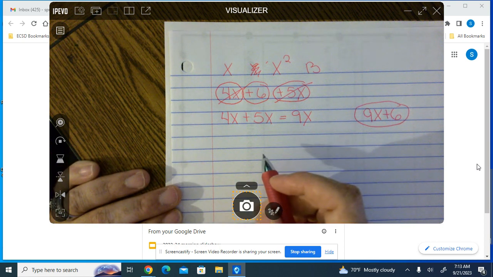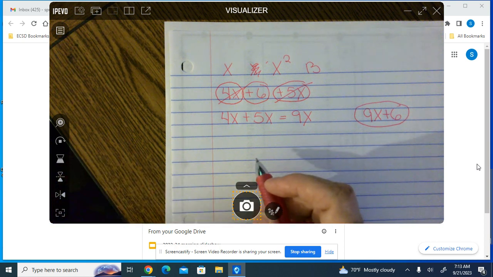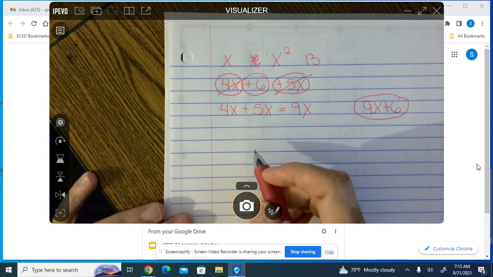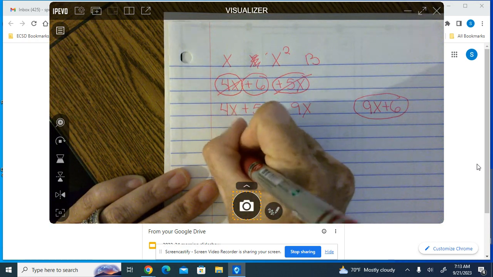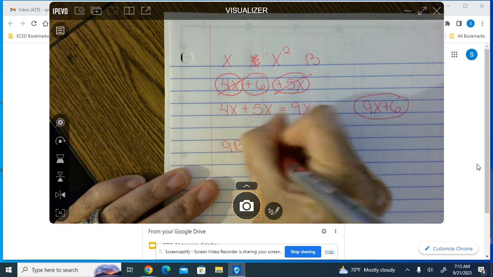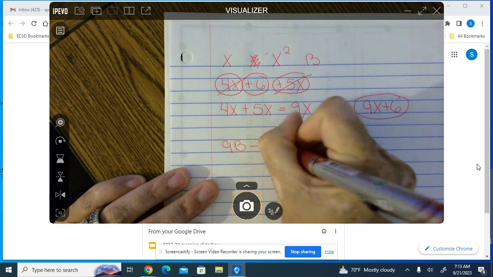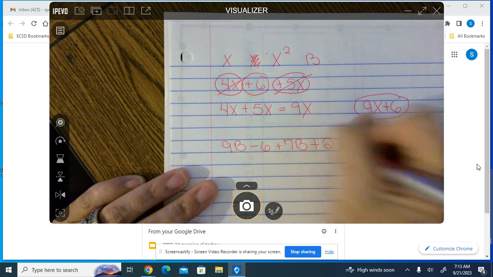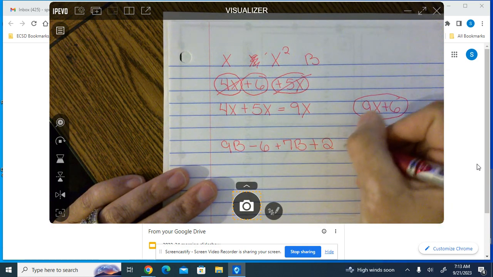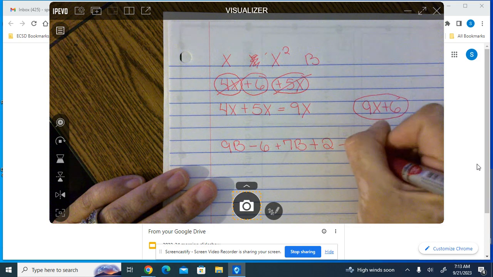The next thing I can do is something maybe a little bit bigger, a little bit trickier. So let's say I have 9b minus 6 plus 7b plus 2 minus 4. We're going to get really crazy.